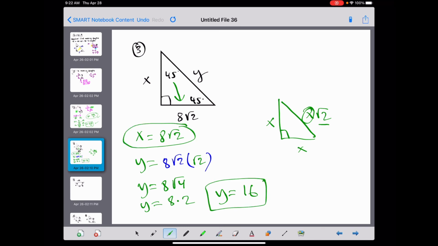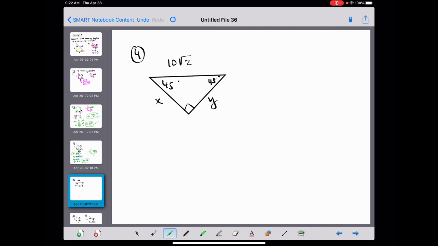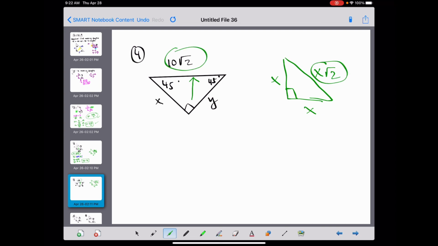Okay, let's move on to number 4. So, final example. Okay. So we're given across from the 90 degrees, which is x square root of 2. So the side we're given in this case is this right here. Okay, so now we have to work backward. If we're given a hypotenuse, we have to work backward.